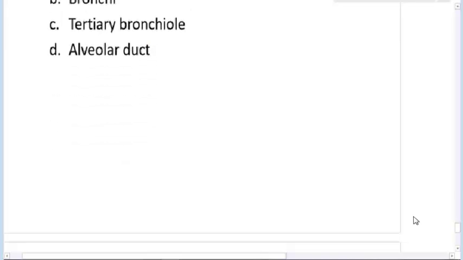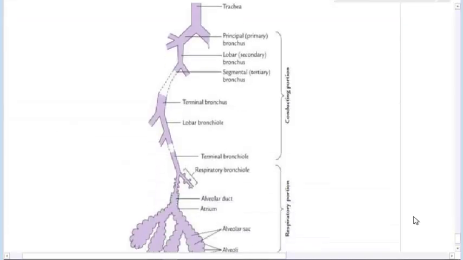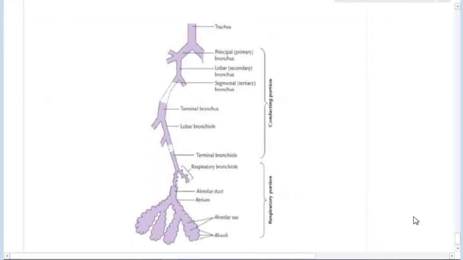We see this diagram and we understand that the trachea bifurcates into principal bronchi, which further divide into various secondary and tertiary bronchi, and they keep on dividing into a number of generations of bronchi, and ultimately they form the bronchioles. One difference between bronchus and bronchiole is that the bronchiole has a diameter smaller than 1 millimeter.